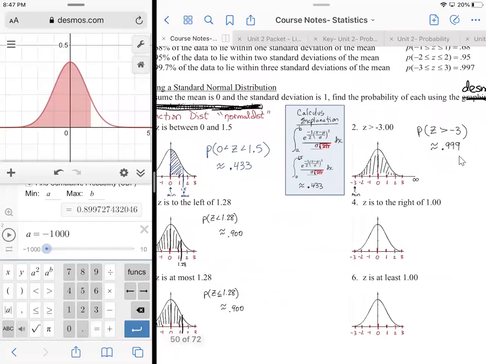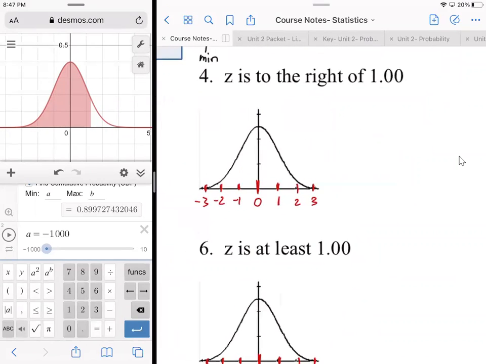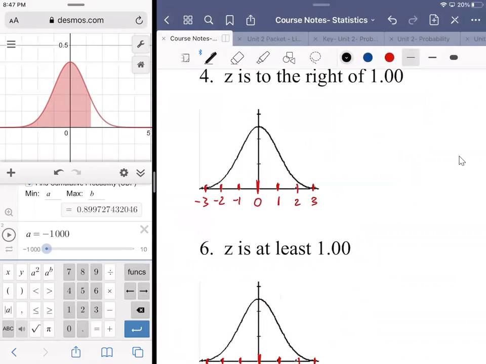So then along those same lines, we have to the right of 1 or at least 1. To the right of 1 is going to be the probability that Z is greater than 1.